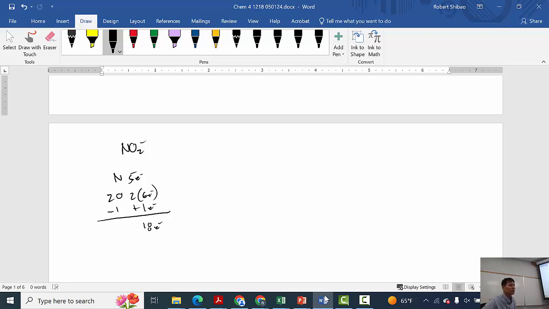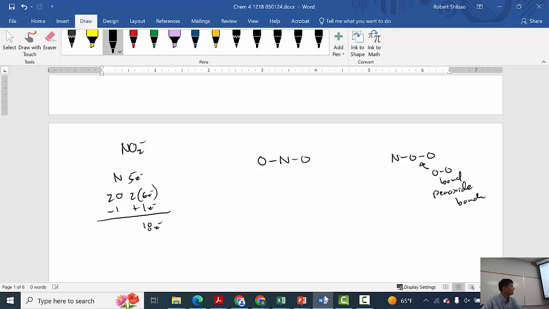Now, what do we want to put in the center? Do we want to put nitrogen in the center or oxygen in the center? We're going to put nitrogen in the center. And so this is going to be O and O. We don't want to put oxygen in the center because what can result is this. This bond here, the oxygen-oxygen single bond, is called a peroxide bond.